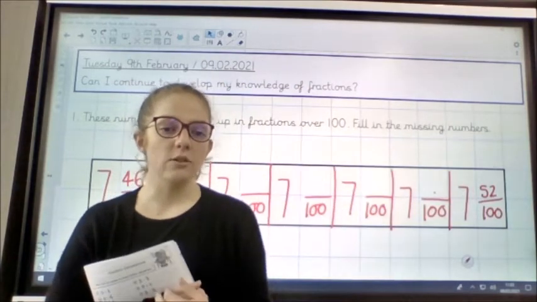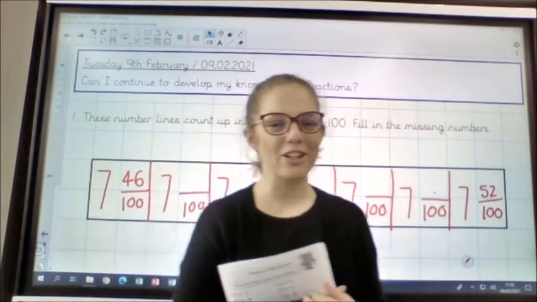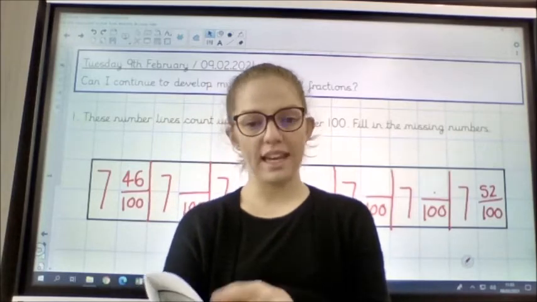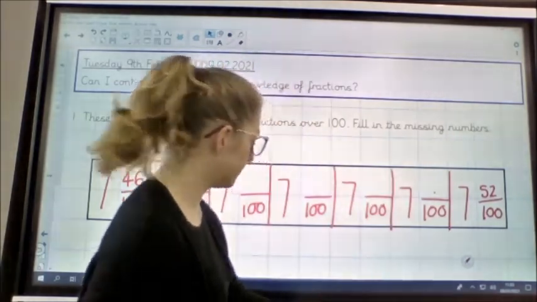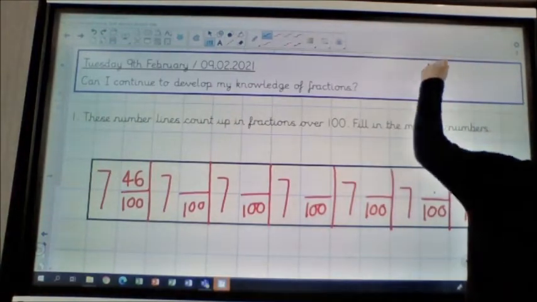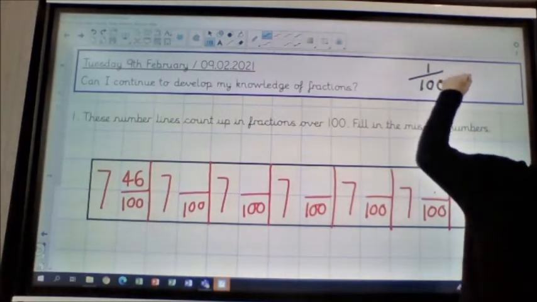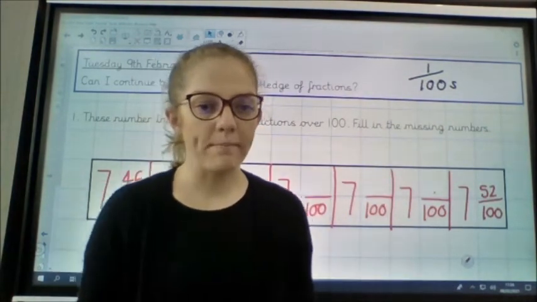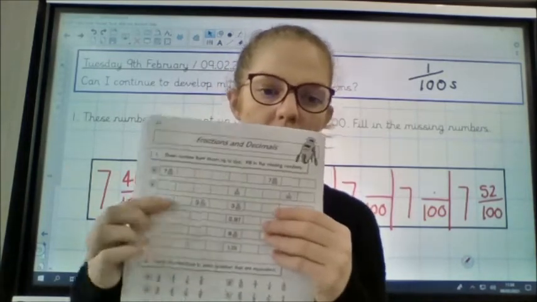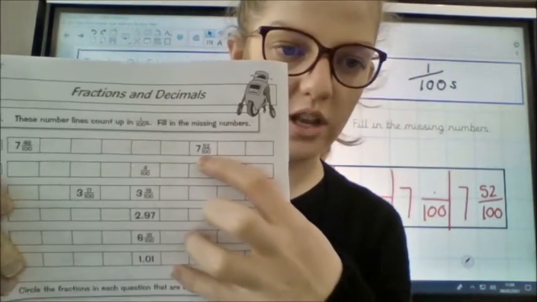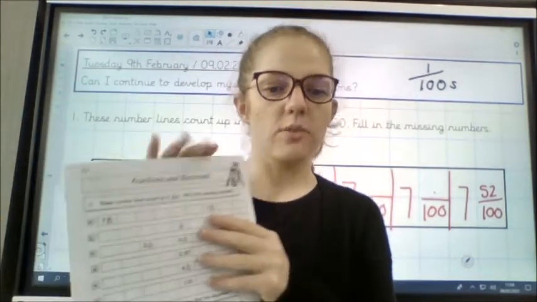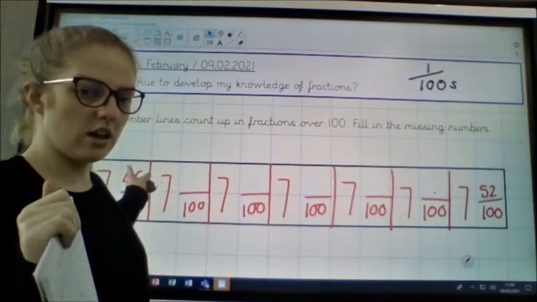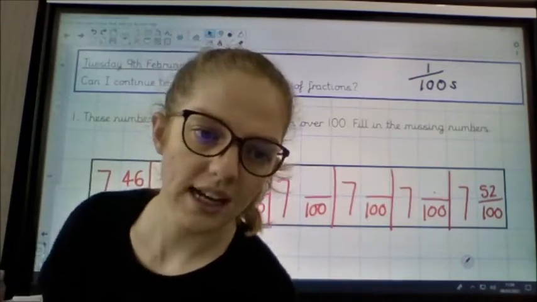So question 1 says, these number lines count up in fractions over 100. Fill in the missing numbers. They're counting up in 1/100ths. I've only gone up to 52/100ths, so I'm going to have a go at filling in the ones in between 46 and 52.